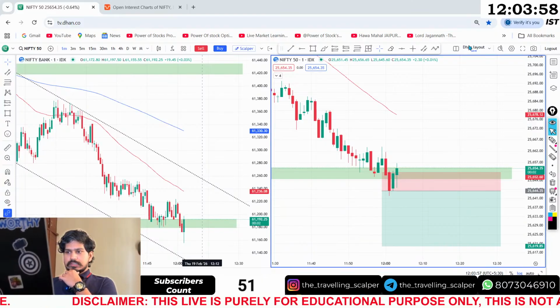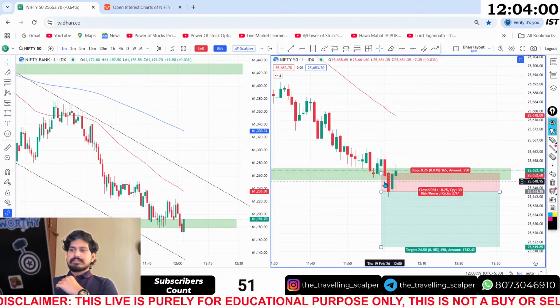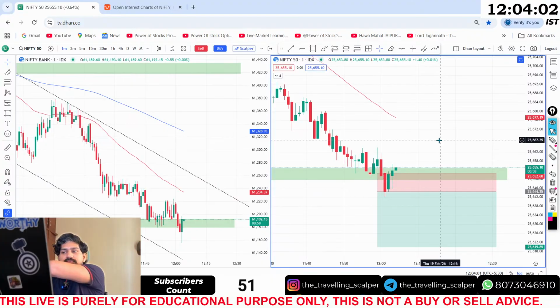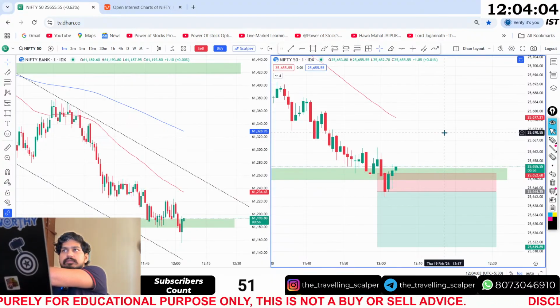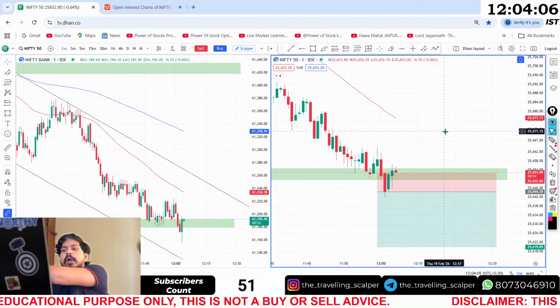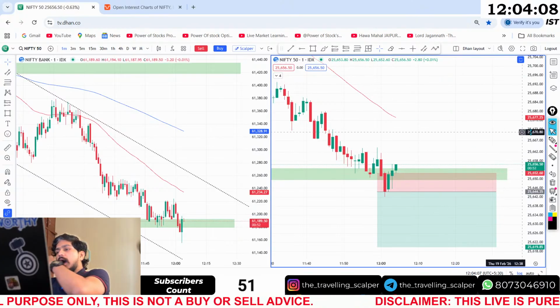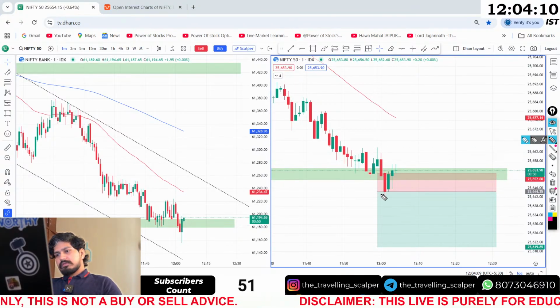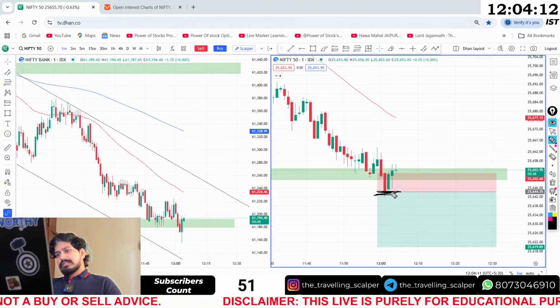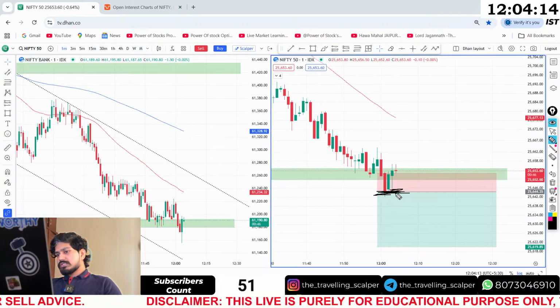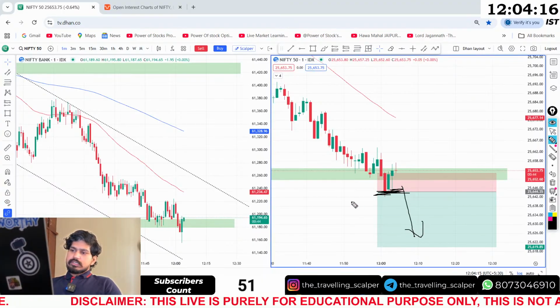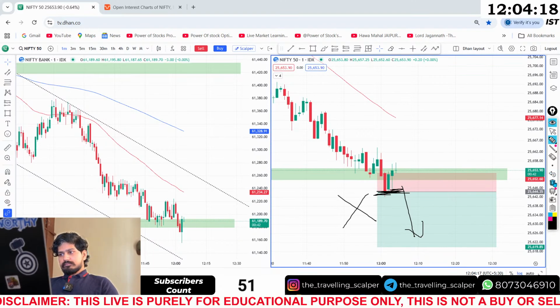Back to back green candles have formed from here, so this is the last support for today, I feel. Our trade will be initiated only if a candle closes below this candle. If a red candle closes below it, we'll go for a downside trade, or else no trades at all. Simple.